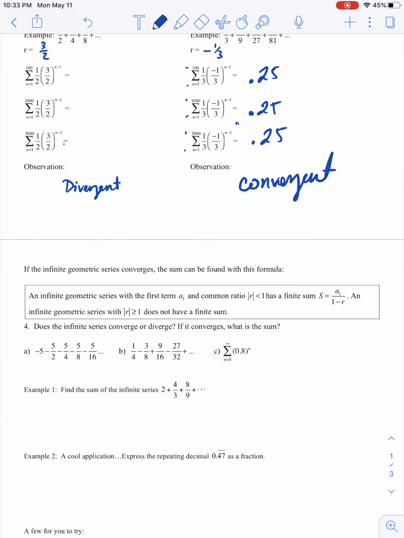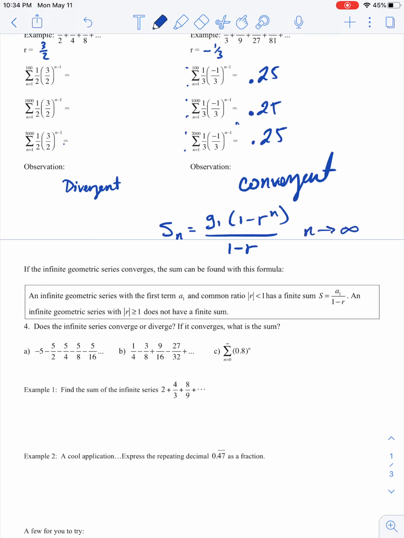Okay, so here's the key though. The interesting thing is that our normal formula, which is S sub n, the first term times 1 minus r to the n all over 1 minus r, is actually going to simplify greatly. The reason for that is because if r is between -1 and 1, then when I raise that r value to a really big n, remember that n is headed to infinity.